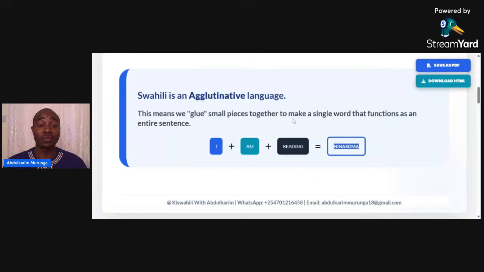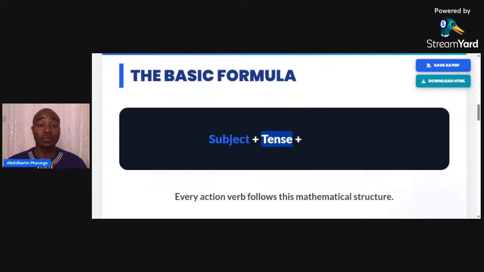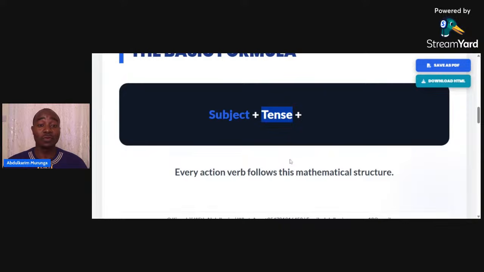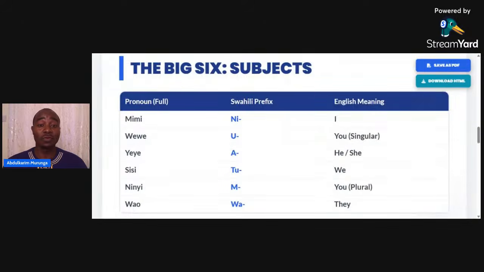We move on. The basic formula: we have the subject, and we add the tense. So every action verb follows this mathematical structure. Subject and the tense, and then we can add the verb. So what are the subjects?